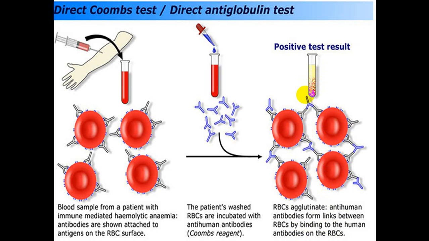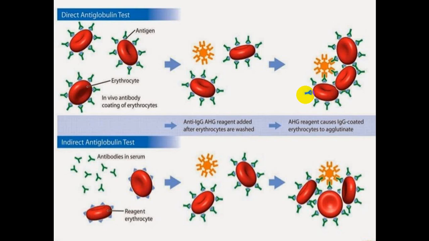This is if the autoantibodies are fixed on red blood cells, but sometimes the autoantibodies are not fixed on the red blood cells. We should use the indirect antiglobulin test. These antibodies are in the serum and should be fixed before on the red blood cells.